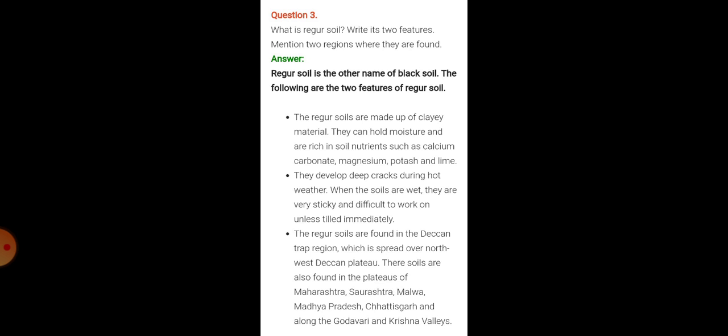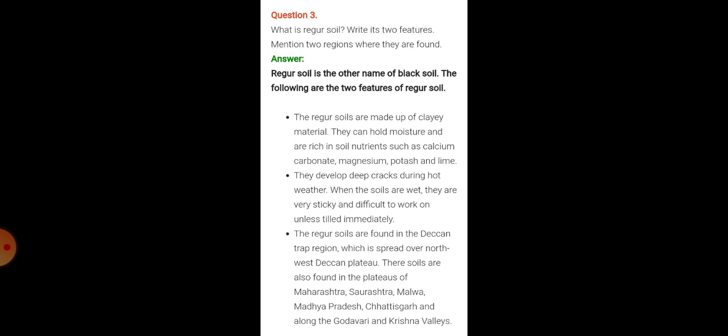The regur soils are made up of clay material. They can hold moisture and are rich in soil nutrients such as calcium carbonate, magnesium, potash and lime. Second is they develop deep cracks during hot weather. When the soils are wet, they are very sticky and difficult to work on unless tilled immediately.